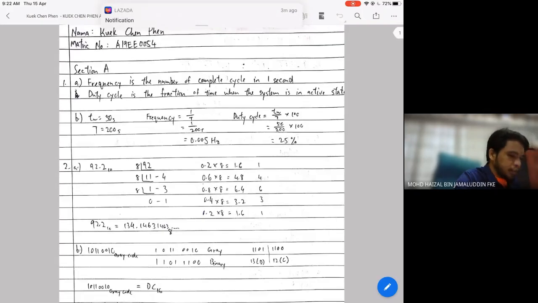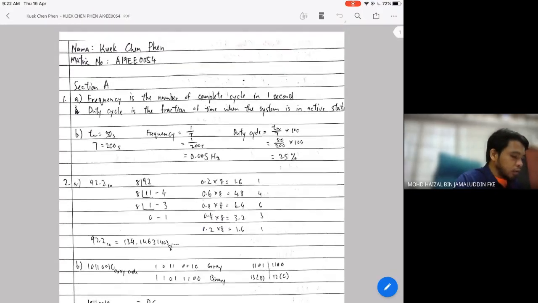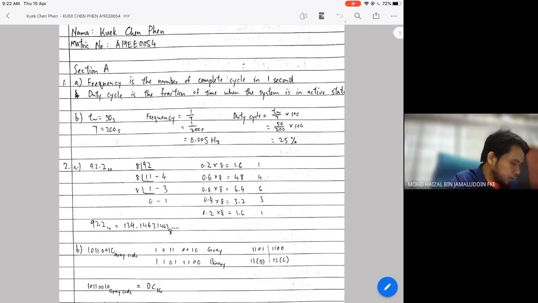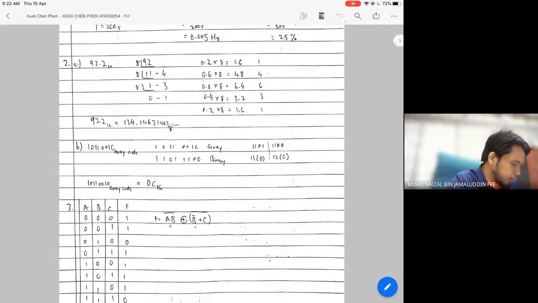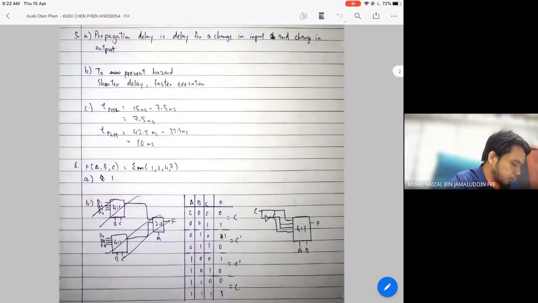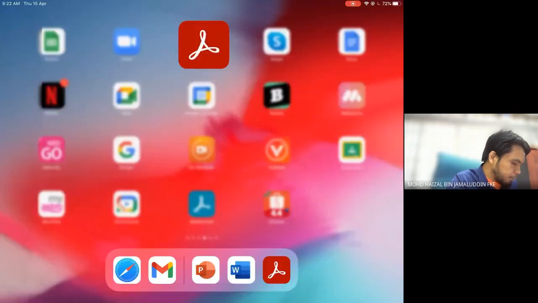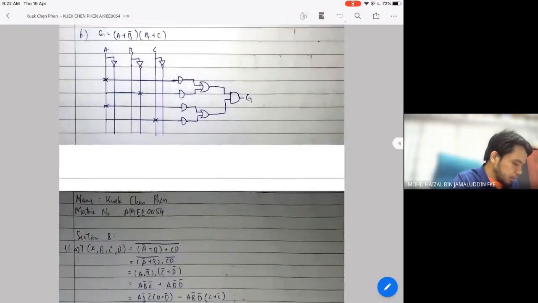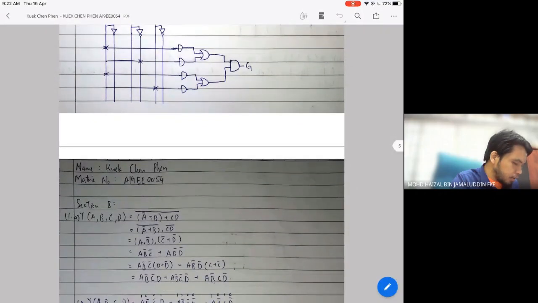Okay, so I just go through the answers from your seniors. So last year's final exam. I just want to show you the kind of question. Last year we had section A and section B. Section A is just very fast answers. Section B is a longer question.